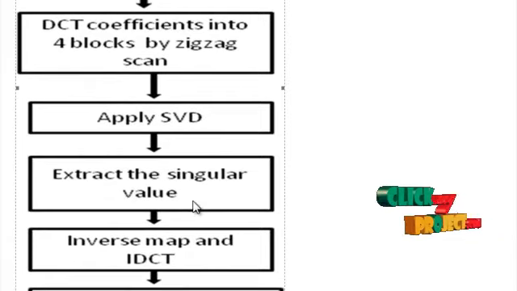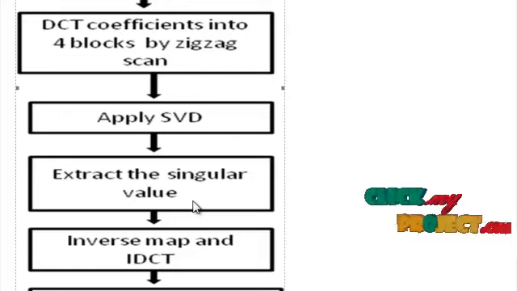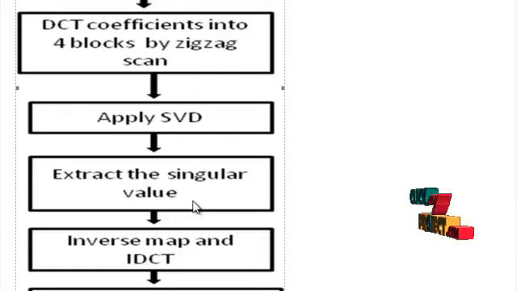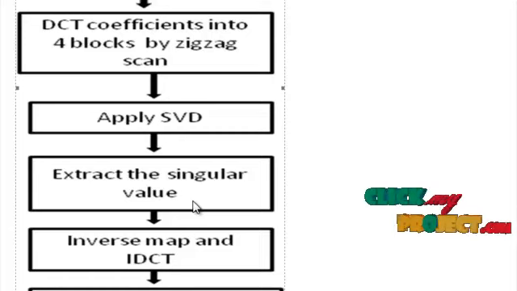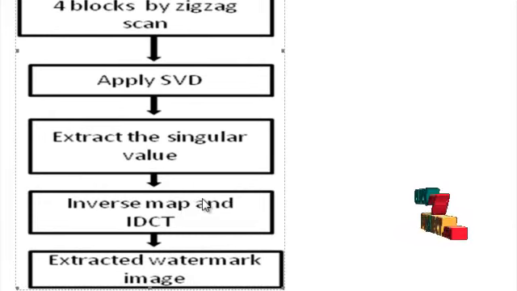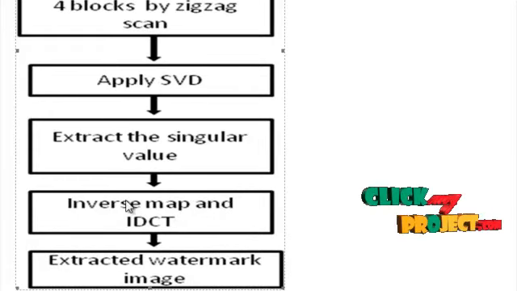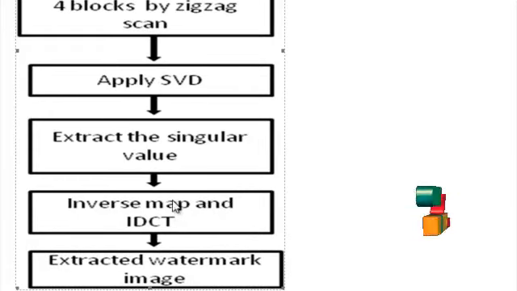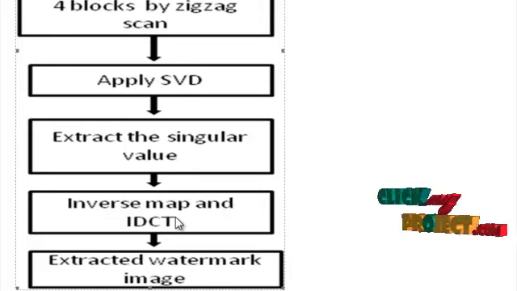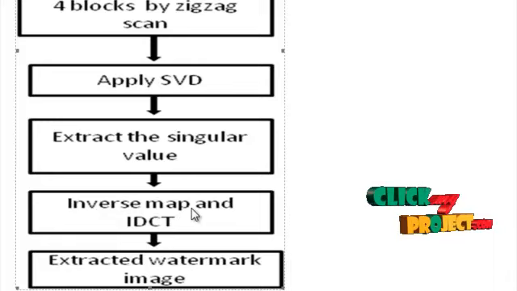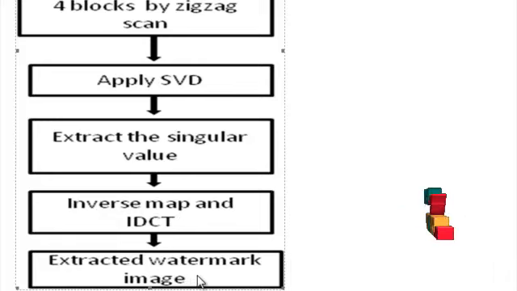Then we subtract the possibly distorted watermarked image in each area from the original transformed areas, and we obtain the distorted principal component for each area. Then we construct the DCT coefficients for 4 visual watermarks. Then we apply the IDCT, inverse discrete cosine transform, to the 4 visual watermarks. Then we get the watermark image.